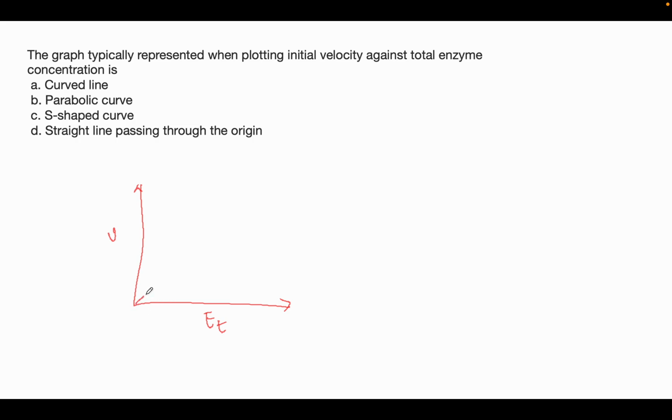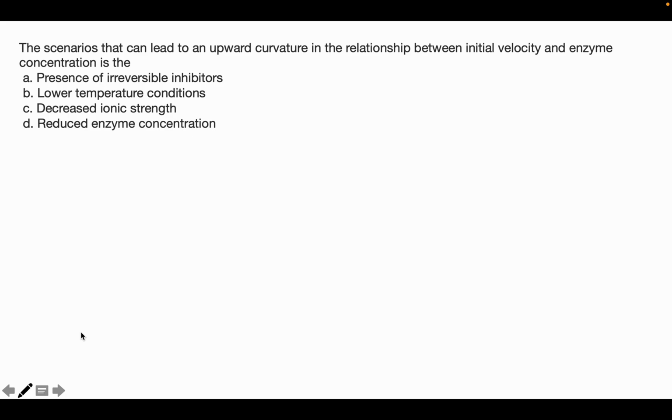The graph is supposed to look like a straight line passing through origin. Why? Because initial velocity always refers to the maximum velocity, so initially the graph will always be linear. That's why we do initial measurements, in order to have a straight line passing through the origin.